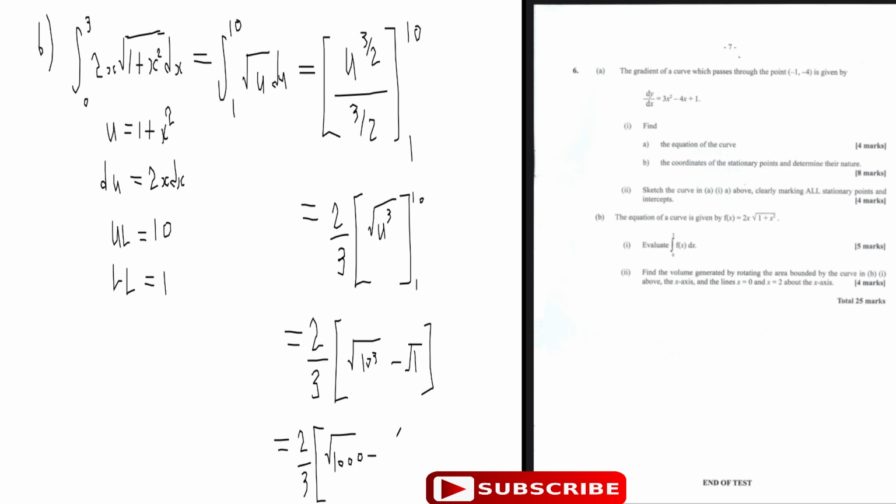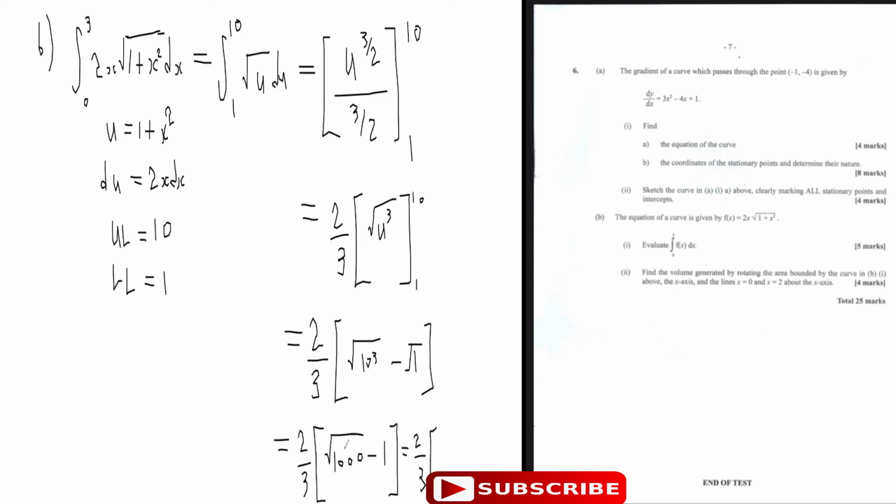Maybe we can break this down using surds, maybe as 4 times 250. I just like when it looks prettier.